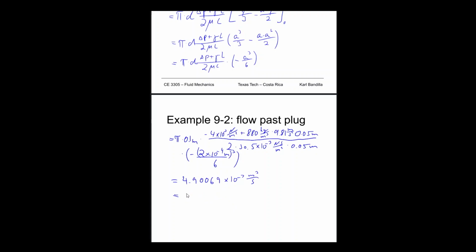That gives us 0.29839 cubic meters per week. So something that's 70 by 70 by 70, somewhere on that order, centimeters. So that's not a huge amount of liquid that's going past that plug. Right, so that would be our Q.